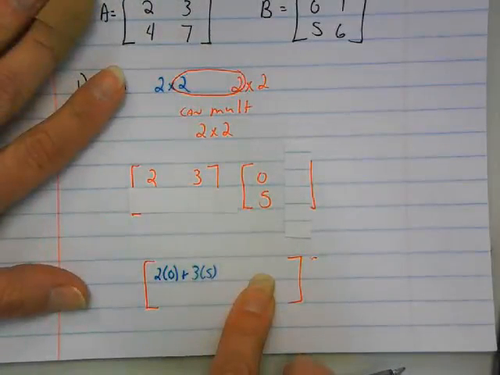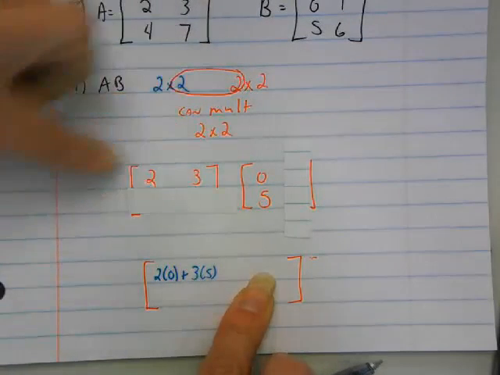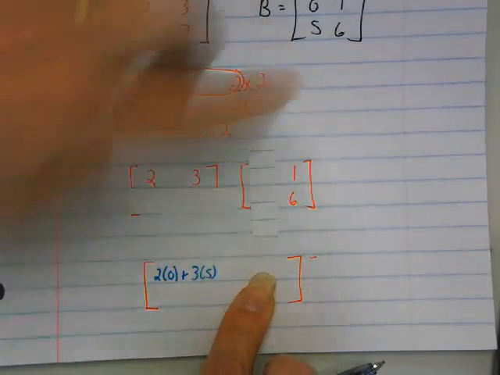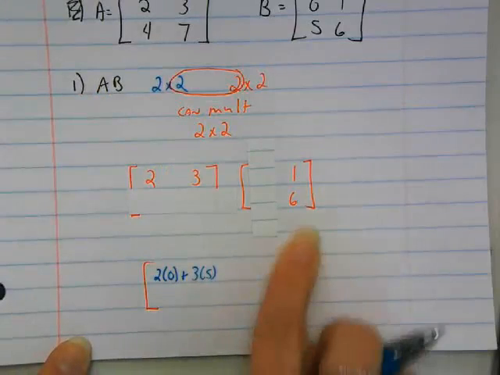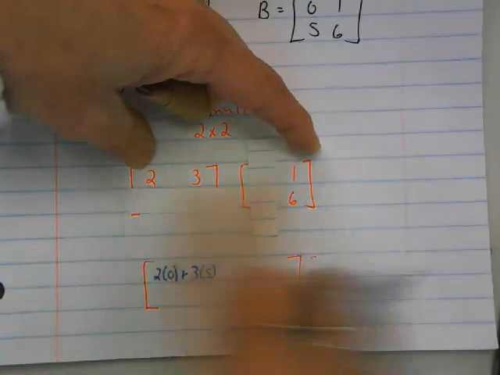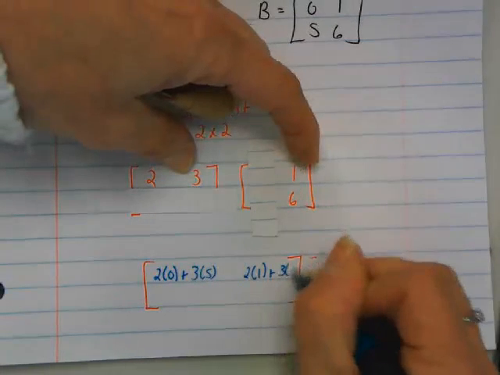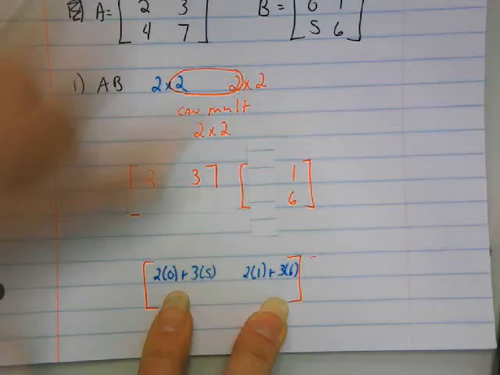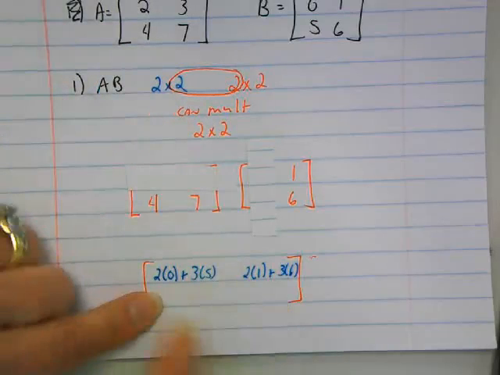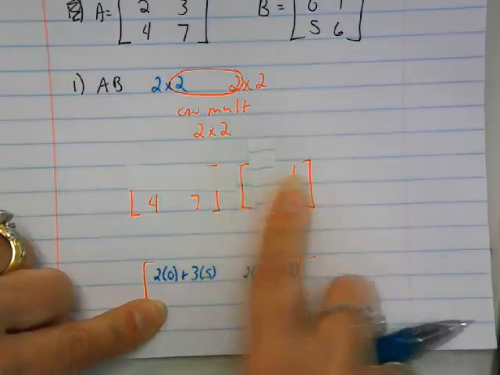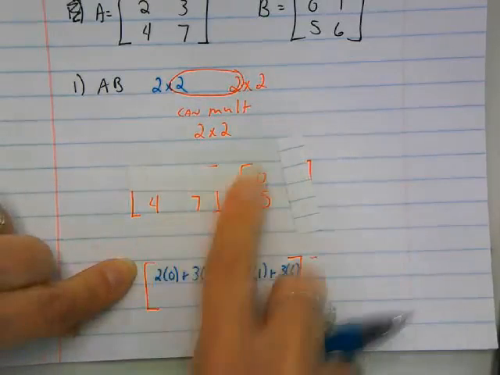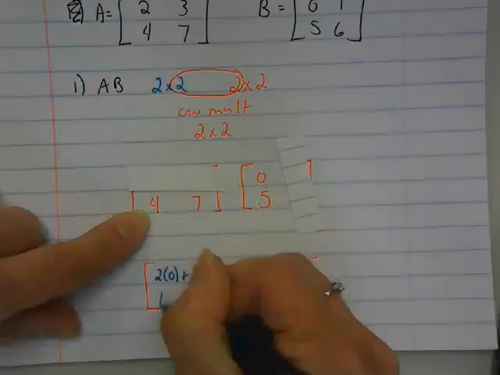Now I'm on row 2, column 1. So row 2, column 1, do it again. 4 times 0 plus 7 times 5. Here I'm at row 2, column 2. 4 times 1 plus 7 times 6.